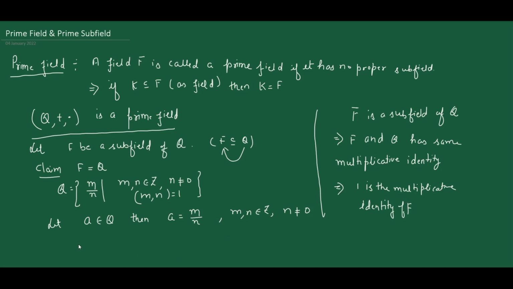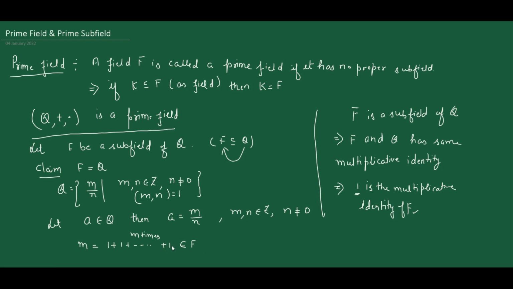Now m is an integer. So m can be written as 1 plus 1 plus 1, m times. And you know that 1 is the multiplicative identity of F. So every time you add 1 it goes to F, because F is a field. Under addition it is an abelian group.